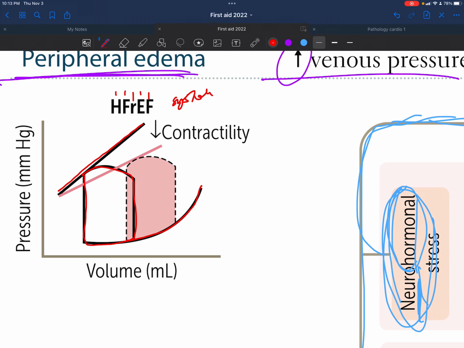But the pink color is the abnormal, and that is due to the reduction in the contractility. So basically, this is the curve that is changing during a systolic dysfunction. This is the systolic curve, and in case of reduced contractility, the contraction now is reduced. So this is heart failure with reduced ejection fraction.